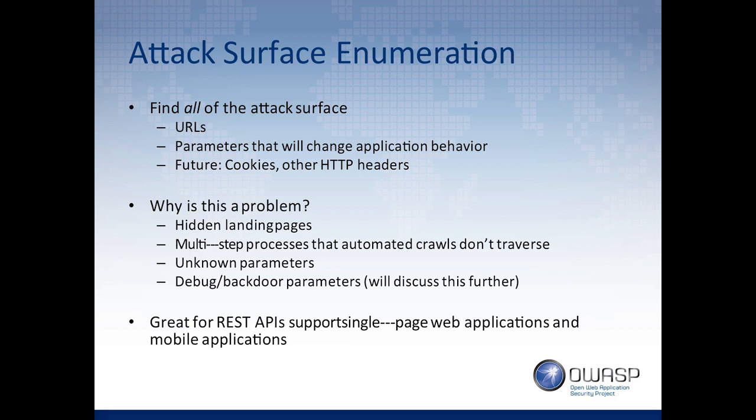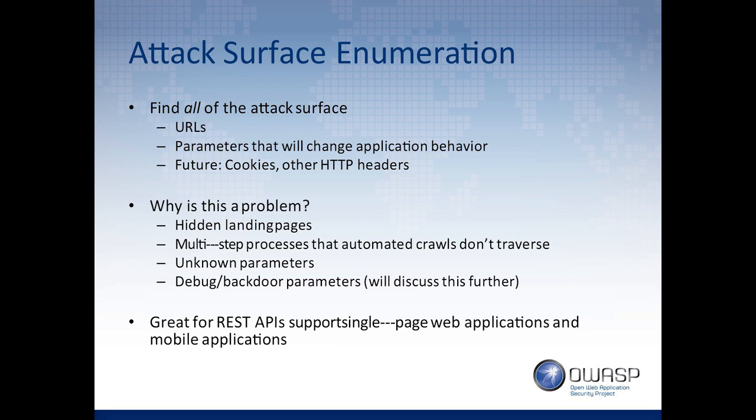So why is attack surface a problem? You find in a lot of cases there are parts of the application that the crawler doesn't get to. And that's become even more the case as people are moving to single-page applications, clever frameworks that people put together and things like that. You've got hidden landing pages.